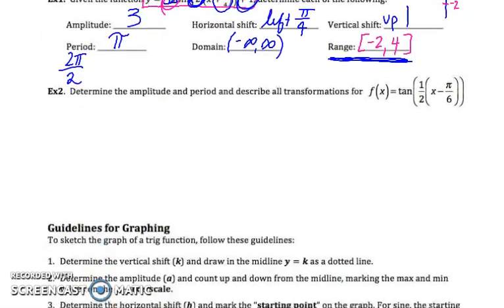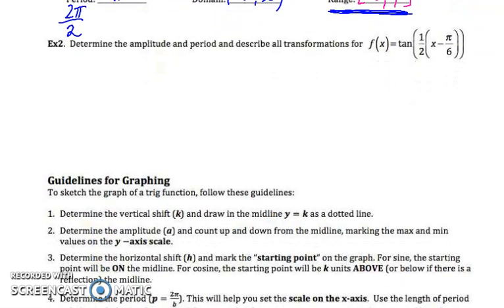All right, moving on, we have our amplitude and periods. Number 2 says determine the amplitude and period and describe all transformations for this tangent curve. So f of x equals tangent of 1/2 times the quantity x minus pi over 6. So tangent doesn't have an amplitude because there isn't going to be a maximum and minimum.